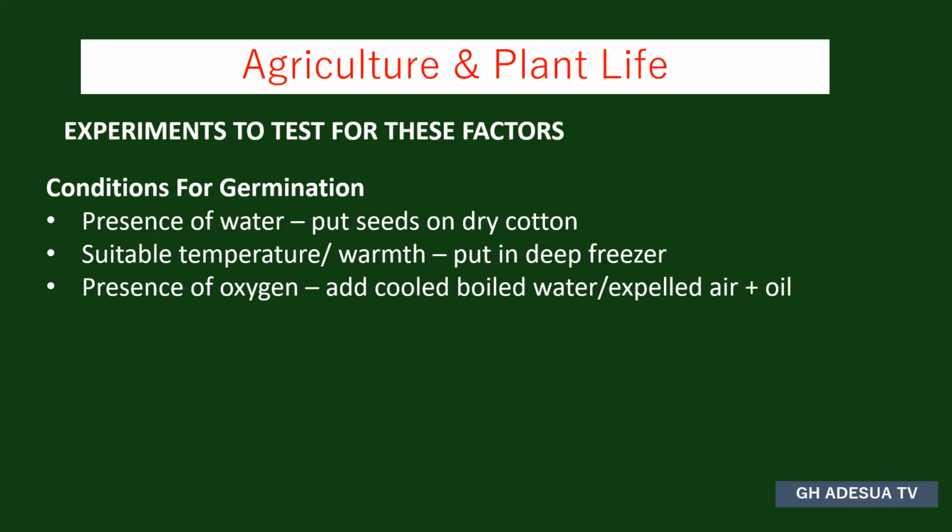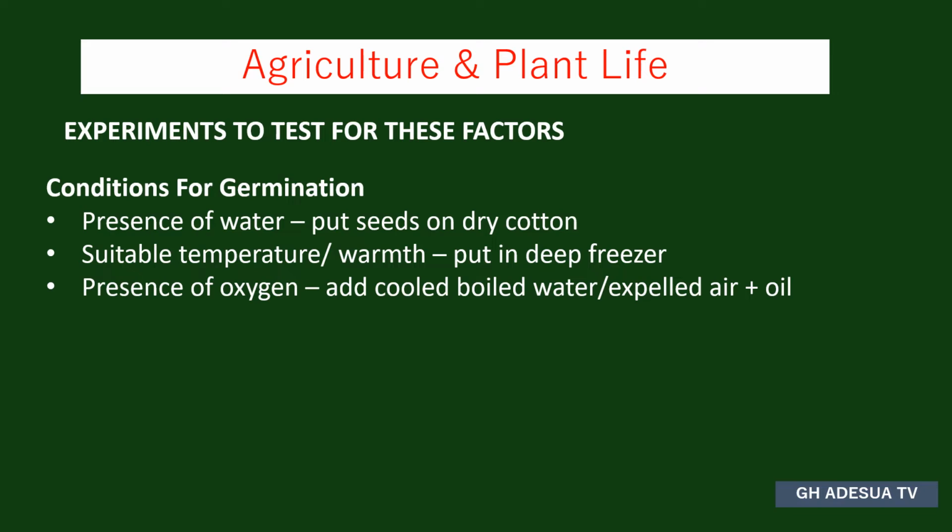Then you can have another setup, suitable temperature or warmth. Now, it's warmth that generates germination. A cold temperature doesn't cause germination to take place. So, in causing an organism to grow, you would want to check whether truthfully warmth is relevant. So in this second experiment, instead of giving the plant warmth, you would first give it moisture.